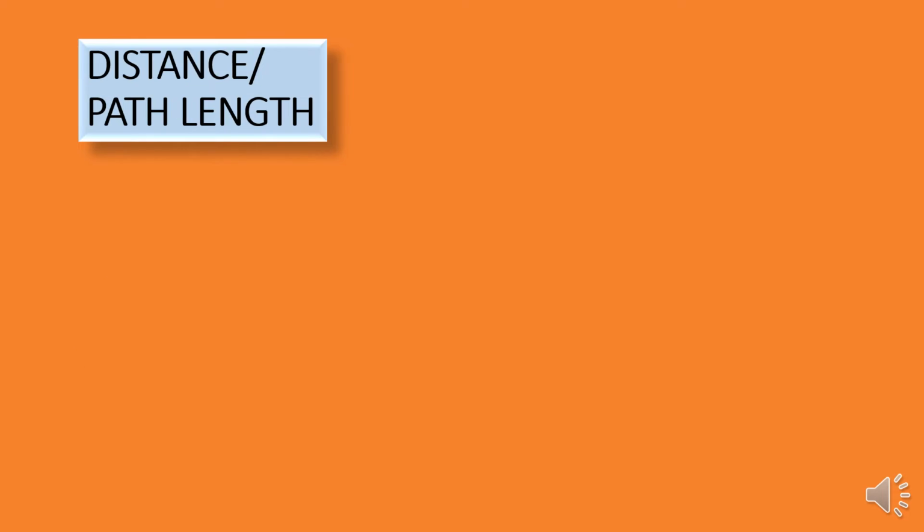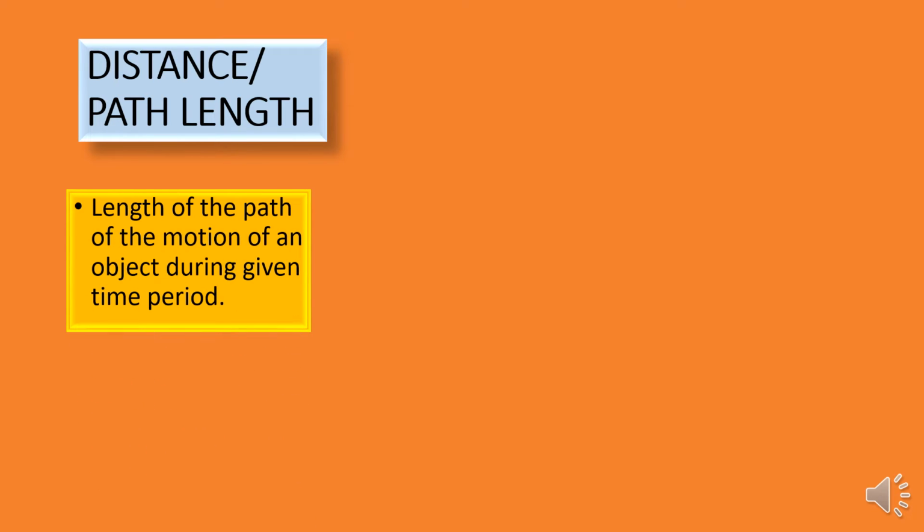Now let's understand a few terminologies which are very important when we study motion. First is distance. Distance is also called path length. Don't get confused between path length and distance. They both are the same. Let's understand the definition and then we will understand it with the help of a diagram.